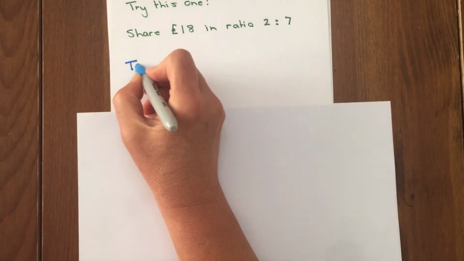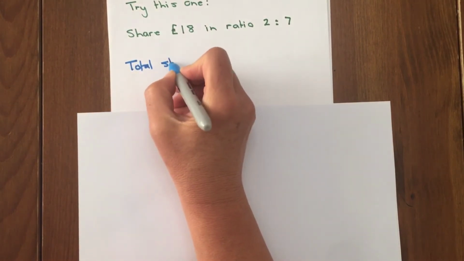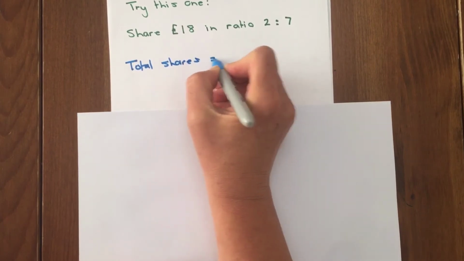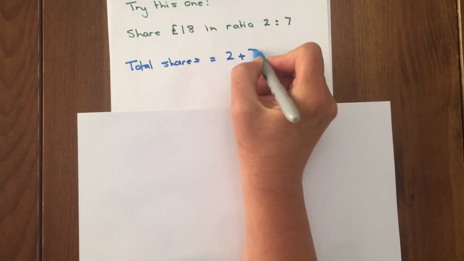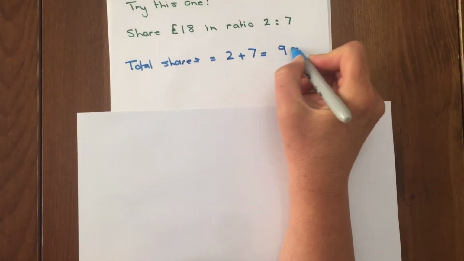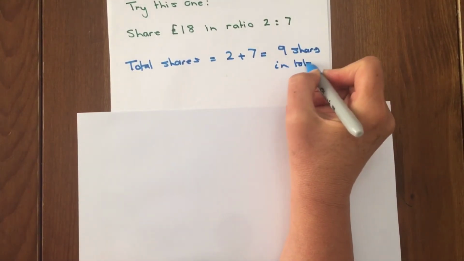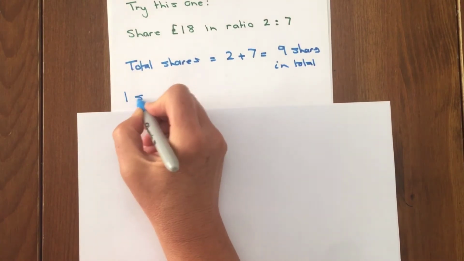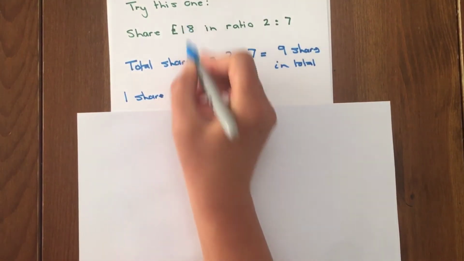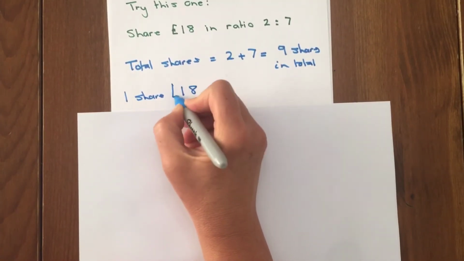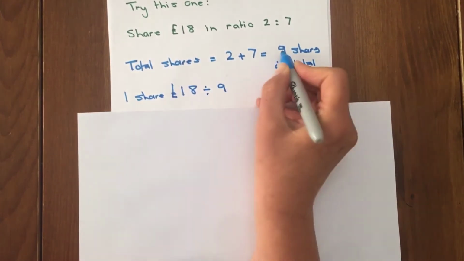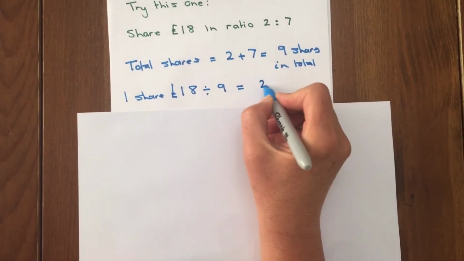So total shares. I've got 2 shares plus 7 shares is 9 shares in total. Okay, what's one of the shares worth? So I'm sharing £18 into 9 different parts.